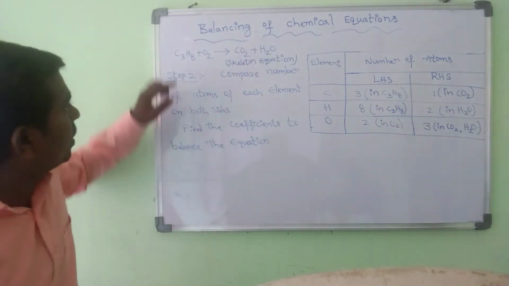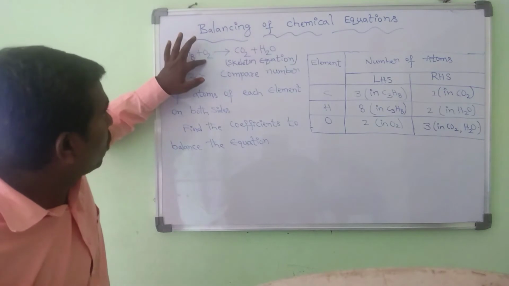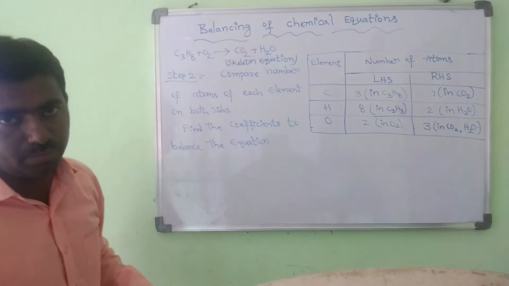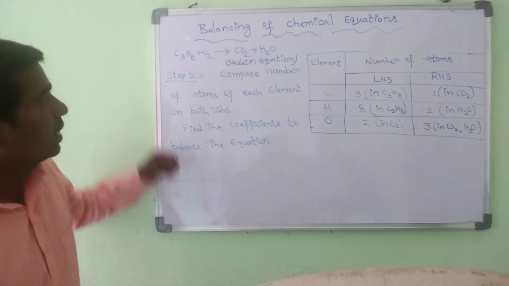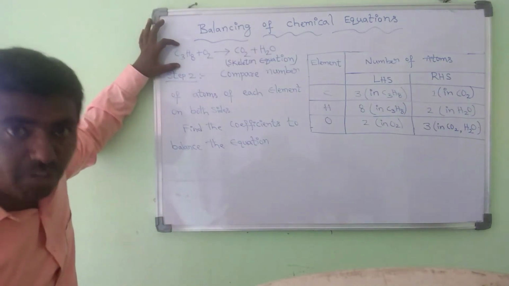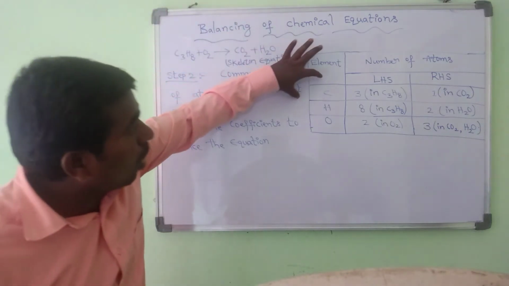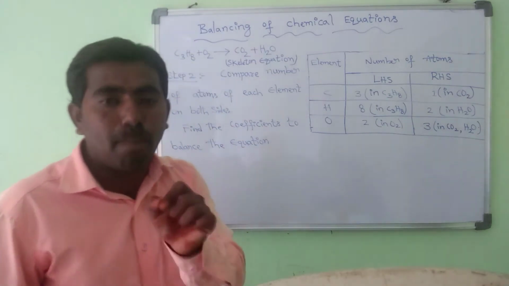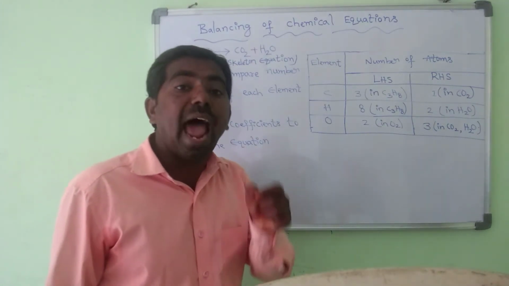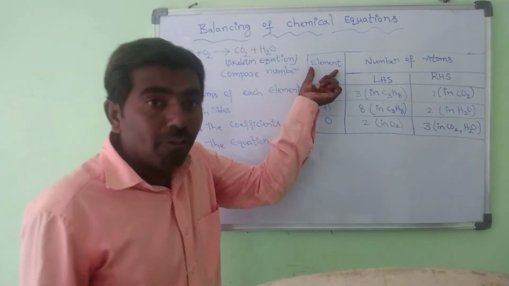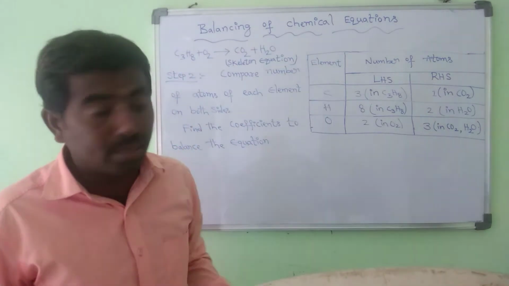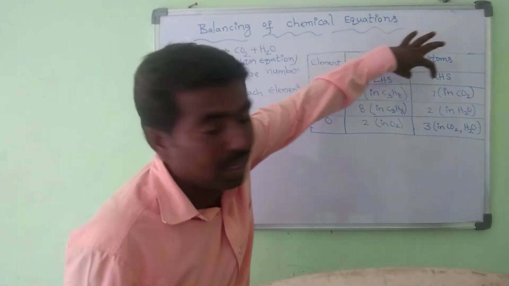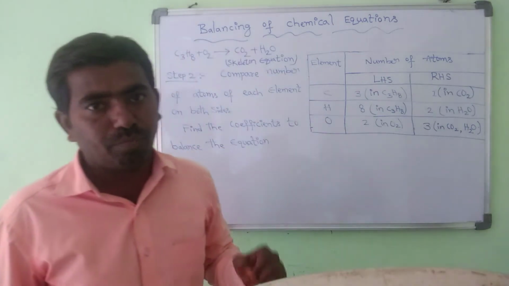The skeleton equation is C3H8 plus O2 gives CO2 plus H2O. By observing this equation, I have drawn a table. This table tells about the total number of atoms of each element present on both sides, the left hand side as well as the right hand side.